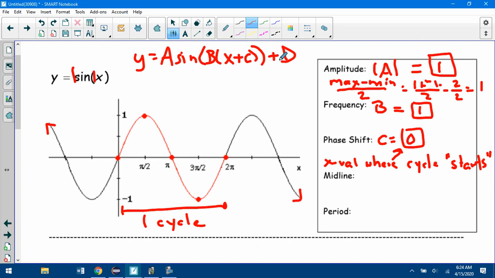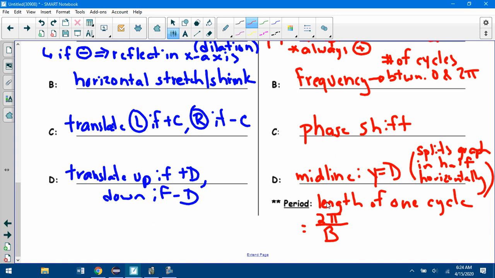Midline, I said it's y equals d. D is the thing added on to the end, which is nothing here. So it's y equals 0. Again, you can also do max plus min divided by 2 for that. Did I say that on the last page? I didn't. So you might want to flip back.